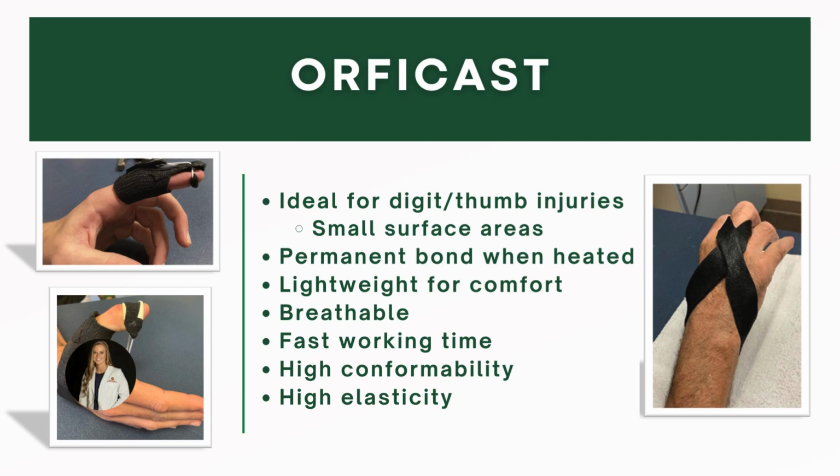It's breathable for fragile skin, and it has a fast application time. So although you don't have much working time, you're still able to have enough time to mold and position the joint in the desired position. It has high conformability, directly conforming to the skin, and great elasticity. It has a lot of give and stretch with it.